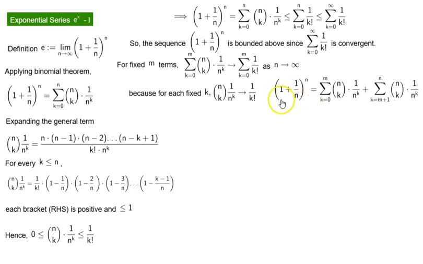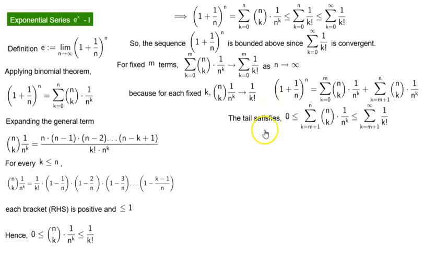Now, let's write (1 plus 1 by n) to the power of n as a sum of initial terms plus the sum of the remaining terms. The remaining terms summation is called the tail series.